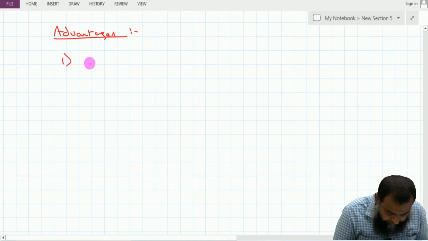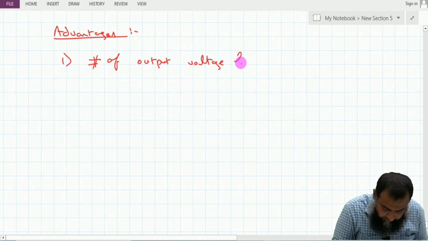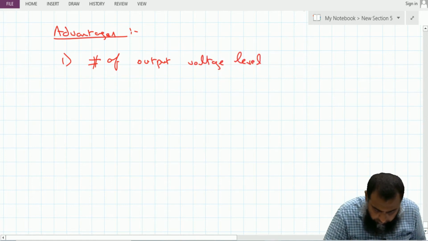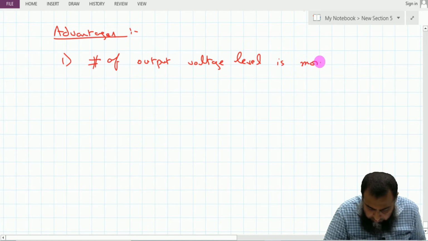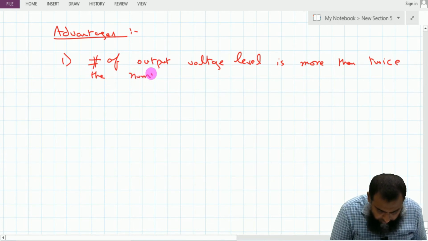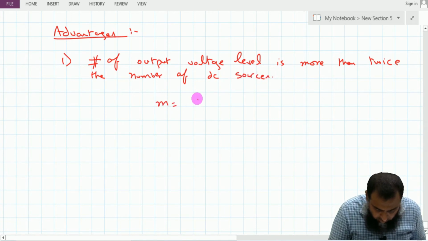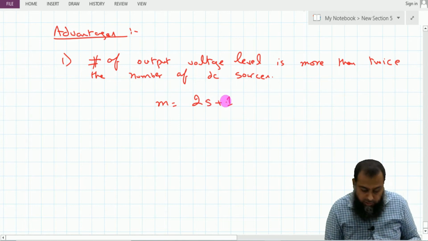The first advantage is that the total number of output voltage levels is more than twice the number of the DC sources. So we have M is equal to 2s plus 1. This is the first advantage.